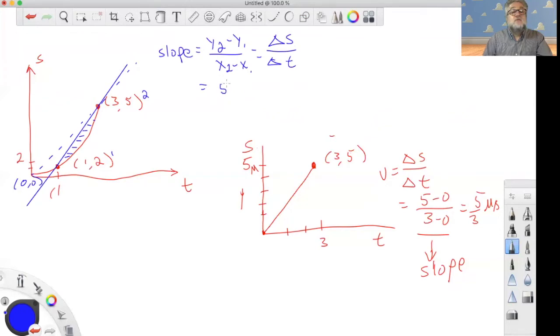So this would be 5 minus 2 over 3 minus 1. So this is going to give me 3 over 2 meters per second. Okay, that's a better representation of the graph. But let's say we got a point here that's at 2.5 comma 4.